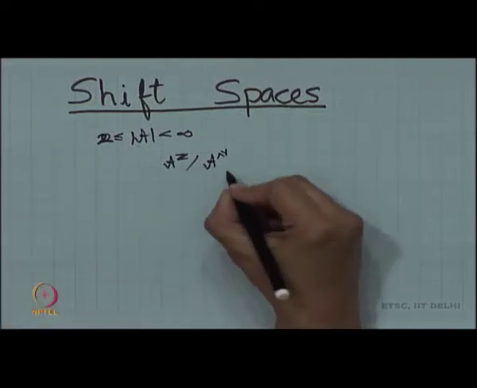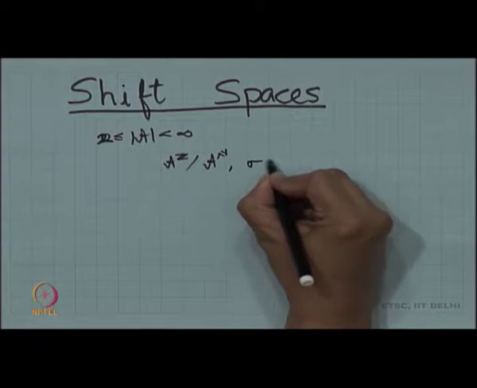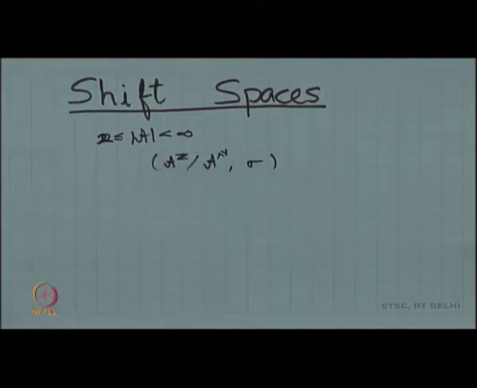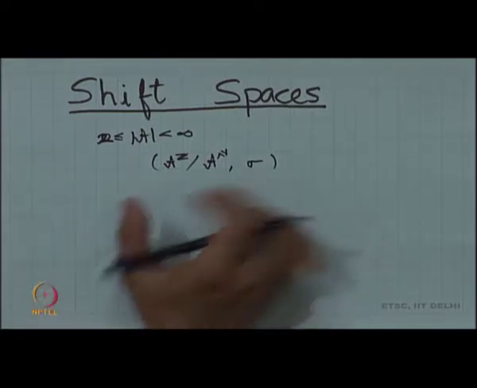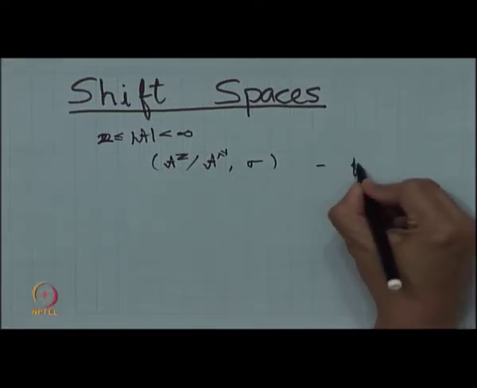On this compact metric space you can apply the shift map and study the dynamical system. This is a shift space, and it is basically called a full shift.